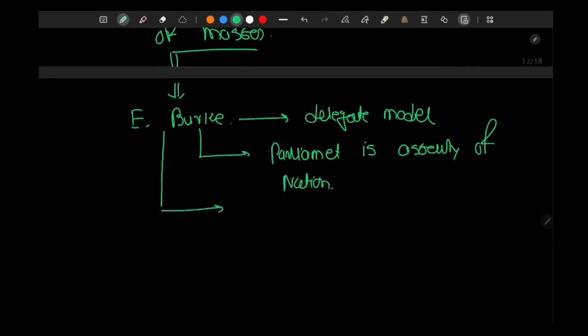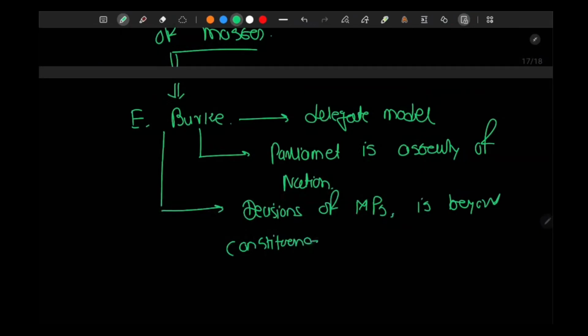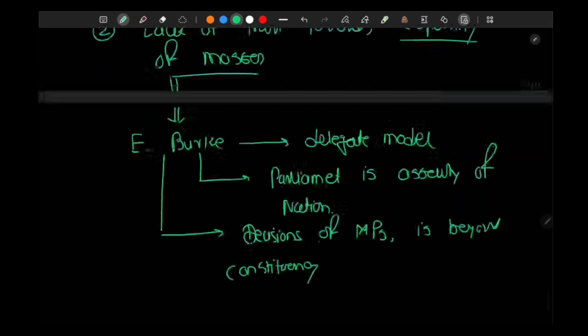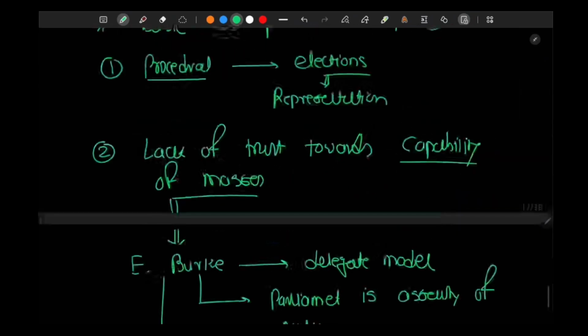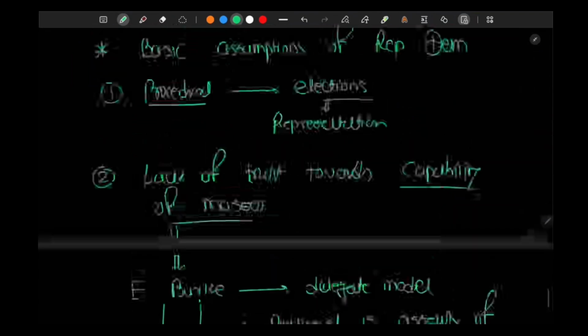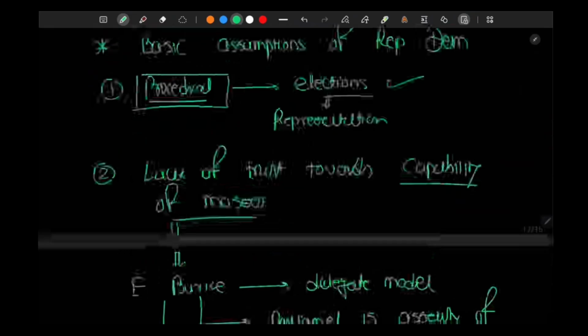So decisions of MPs affect the nation. Decisions of MPs are beyond their constituencies. So what are the basic assumptions of representative democracy? That the procedural element is very strong, the elections element is very strong.